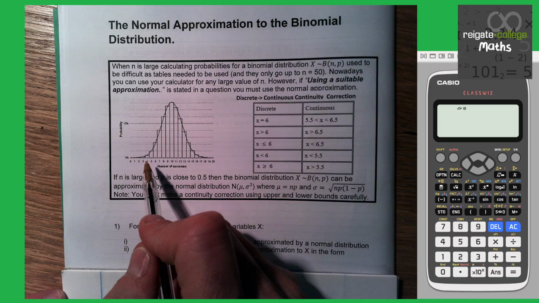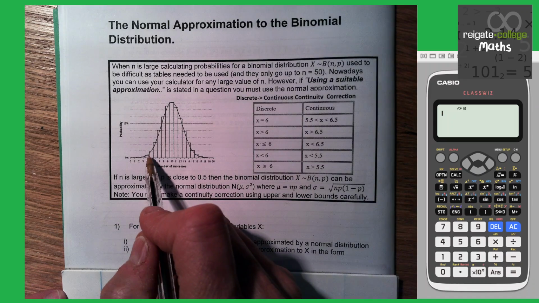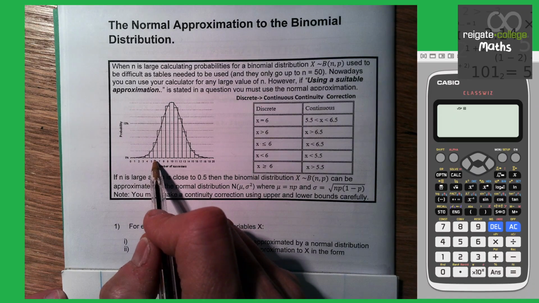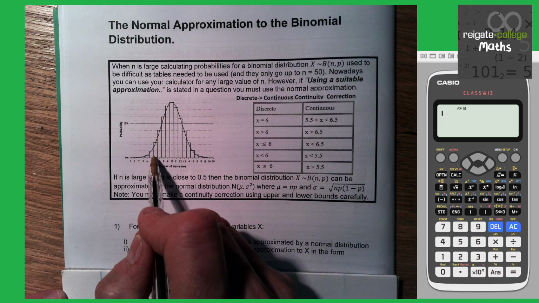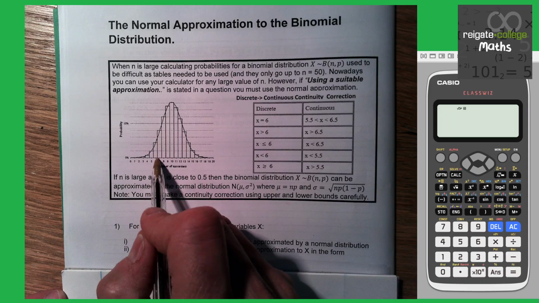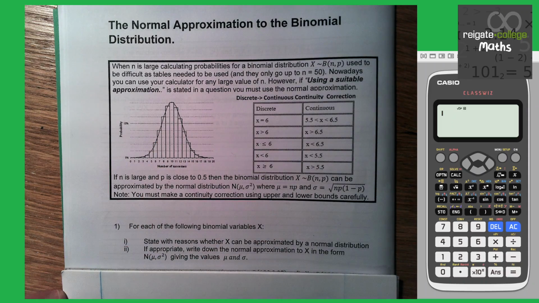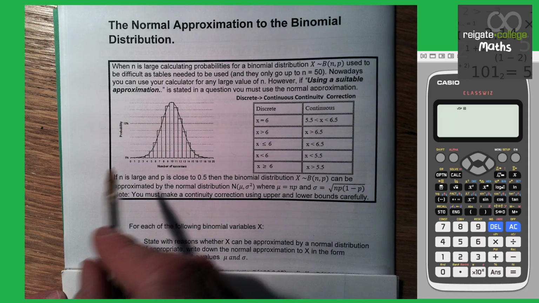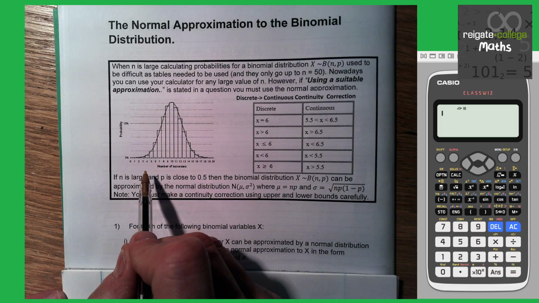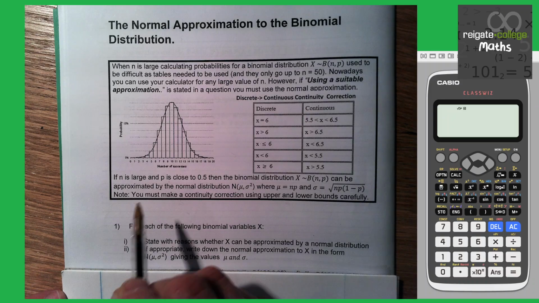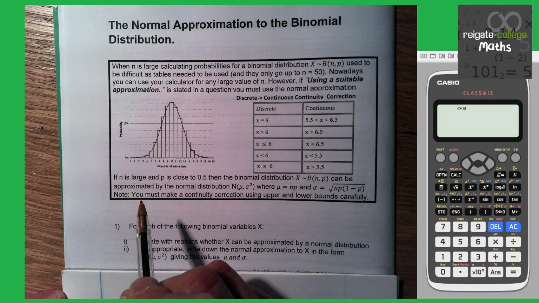The difference here is that we've got probabilities for a binomial distribution of equal to certain values, represented by a bar. But the probabilities for a normal distribution are only within a certain range. So the probability that a normal variable is equal to a given value is always 0.